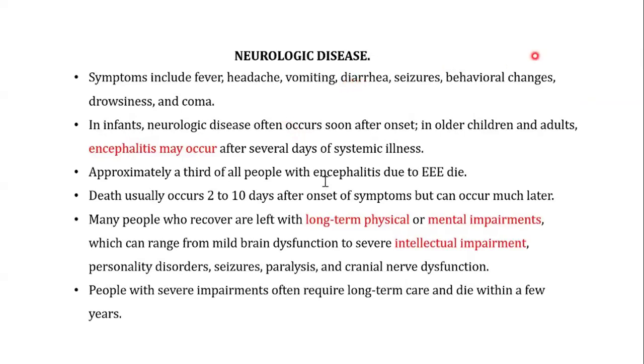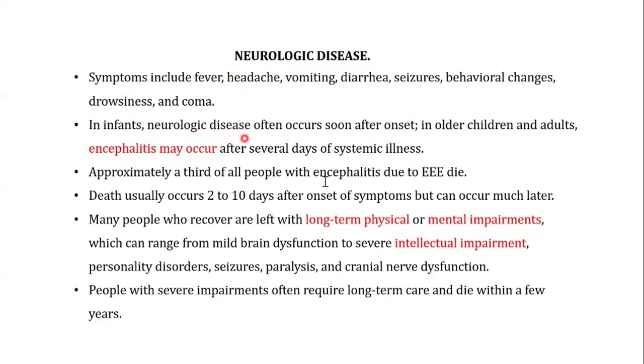Then for neurological disease, we have fever, headache, vomiting, diarrhea, seizures, behavioral changes, which are like mood changes, seizures are convulsions, drowsiness, and coma. These are features of increased intracranial pressure.